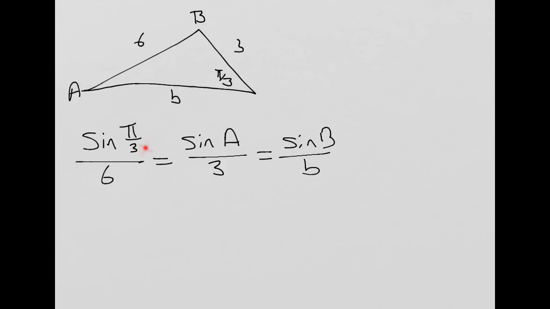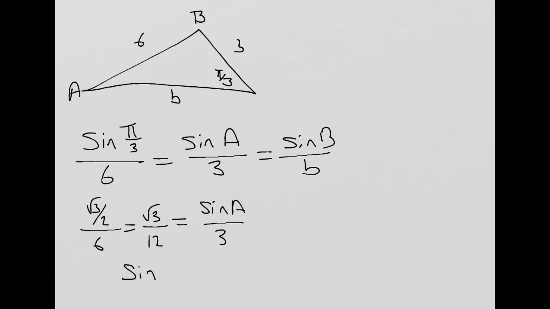This I know and can compute directly. This I know part of, and this I have nothing. So sine of pi over 3 over 6 is square root of 3 over 2 divided by 6, so square root of 3 over 12. We set that equal to sine of capital A over 3.